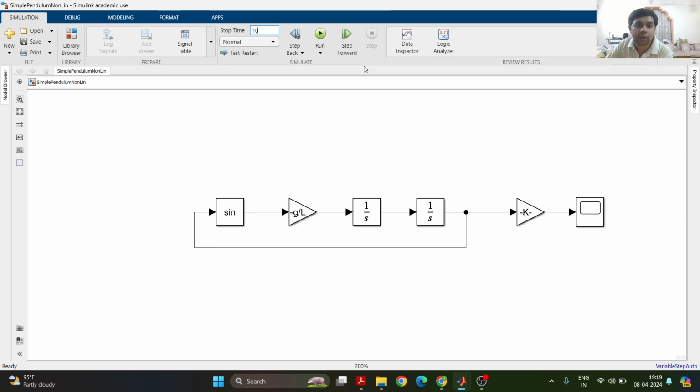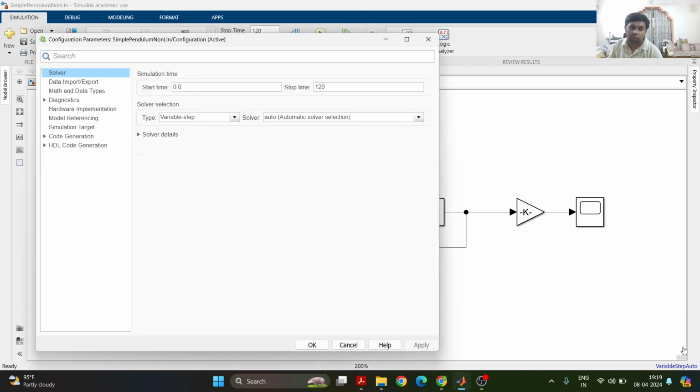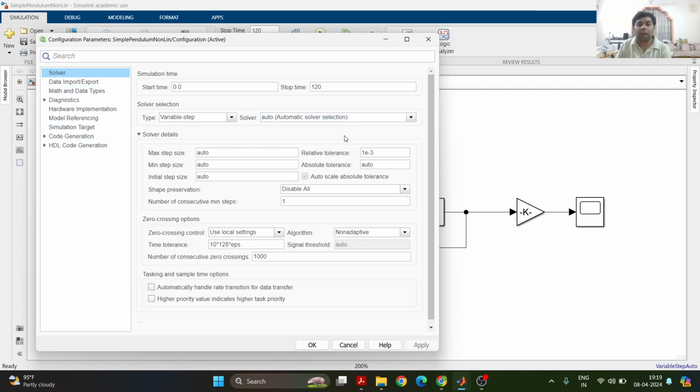Now we can set the stop time to, let us say, 120 seconds, and let us go to the solver settings. The approach we can follow when we have a certain model is to allow MATLAB to select the appropriate solver.